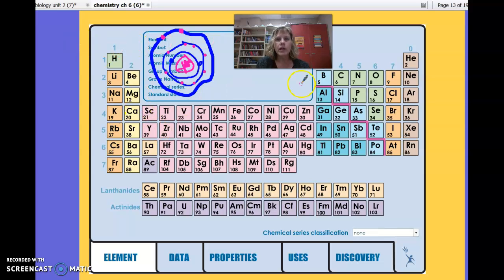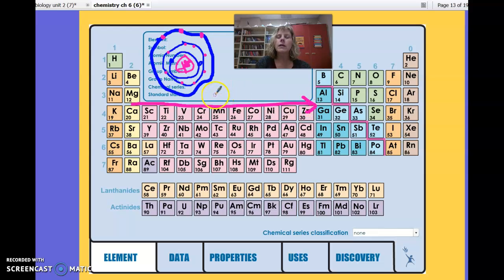And you guessed it, if I go one more to aluminum, I add another proton and another electron, and it gets even pulled tighter toward that nucleus. So the trend we see going across here, these get smaller and smaller and smaller.